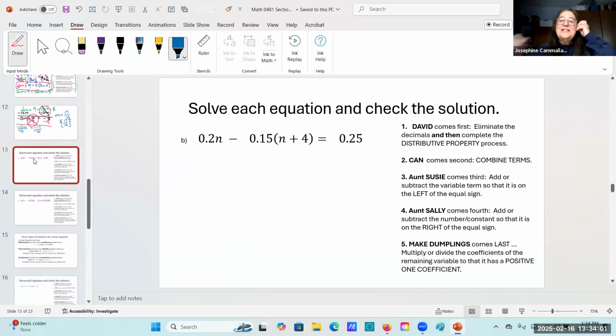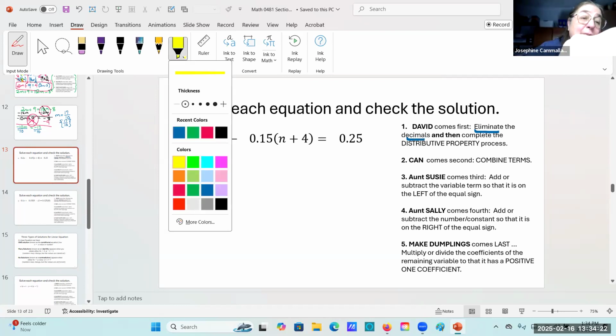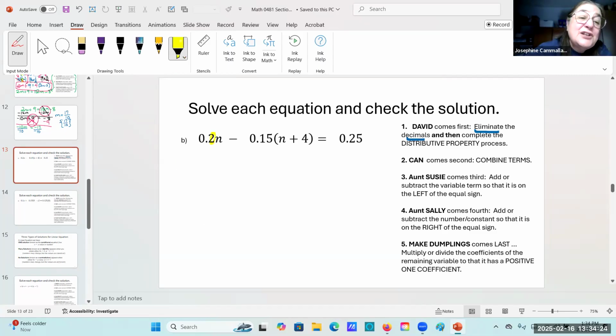Now, this is, I think, a lot easier with decimals than it is with fractions, because the first step we're going to do is eliminate the decimals. Okay, now, this has 1 number to the right of the decimal. This has 2 numbers to the right of the decimal.